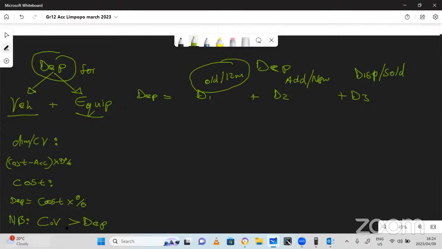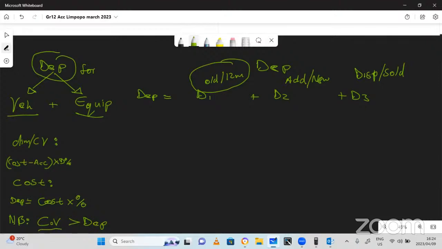So what do I mean by this? We need to make sure at all times, if I'm using the cost price method, that the carrying value of the asset I'm dealing with is greater than the current depreciation. So the first thing, before I calculate my depreciation, is to calculate the carrying value of that asset.